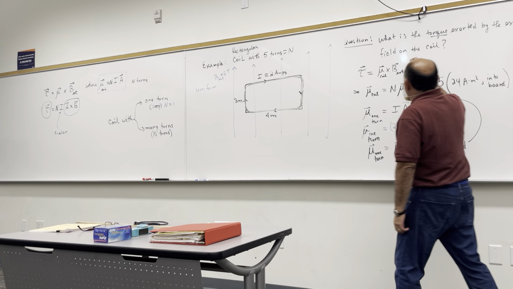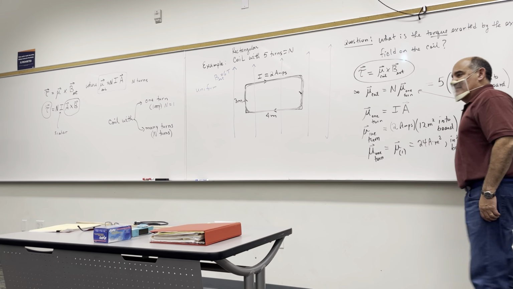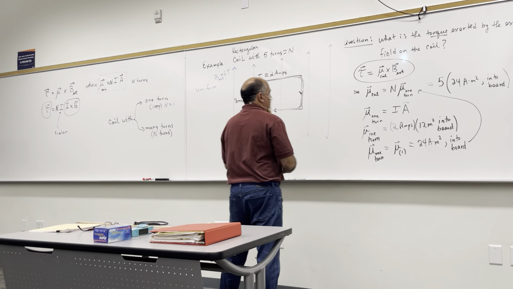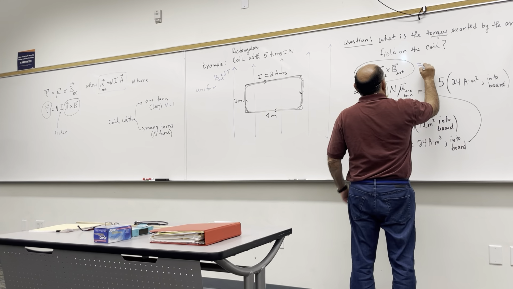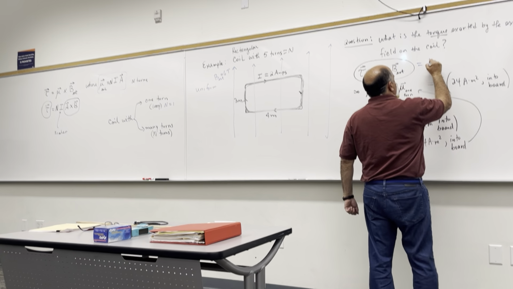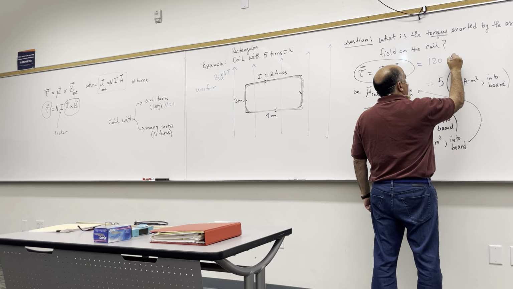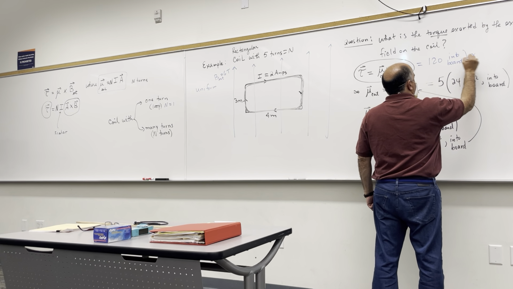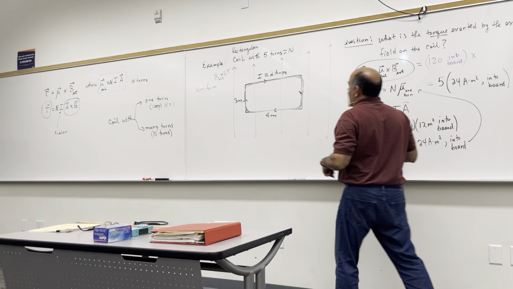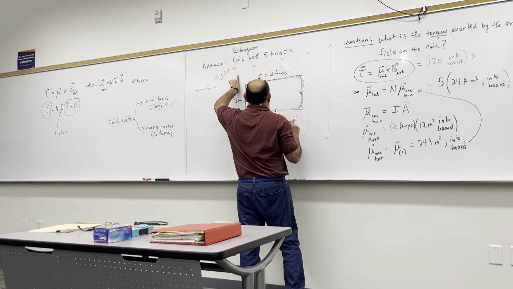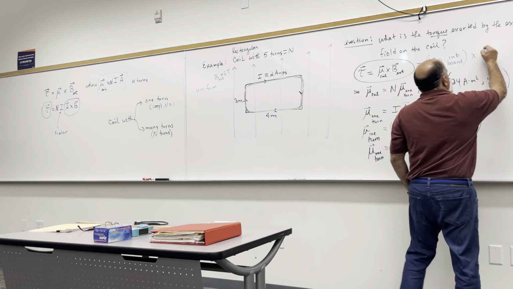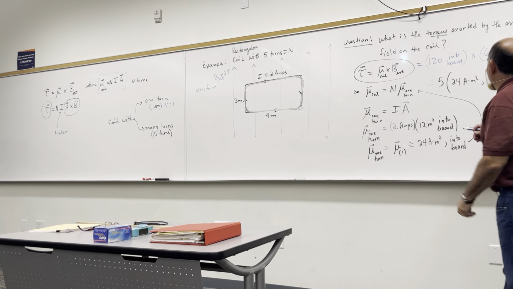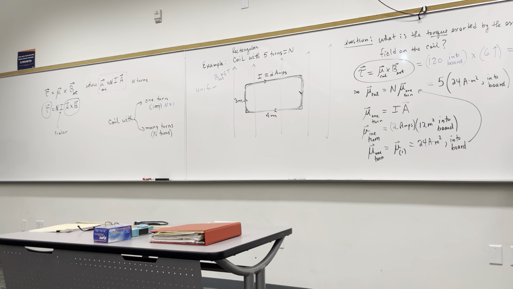So what I want to know, though, is the torque acting on that coil. And I'm going to use a different color now for this calculation. So what is the magnetic dipole moment of the coil? It's 120 into the board, cross with the external magnetic field, which is 6 Tesla up the board. So 120 times 6 is what? 720?